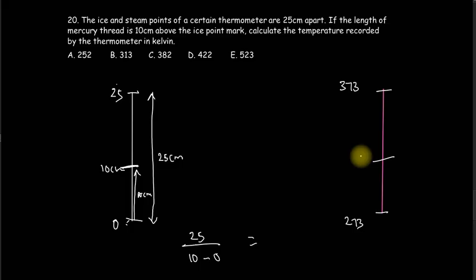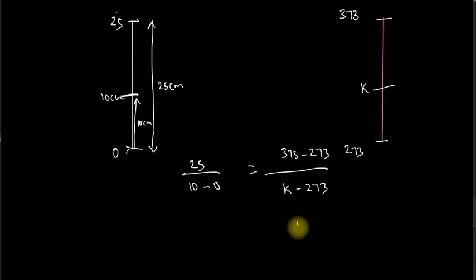we're looking for the equivalence in the Kelvin scale. So 373 minus 273 all over Kelvin minus 273. So we have 100 over K minus 273 is equal to 25 over 10. That's 2.5 already. Or we can just cancel out: 25 here is 4, 25 here is 1.